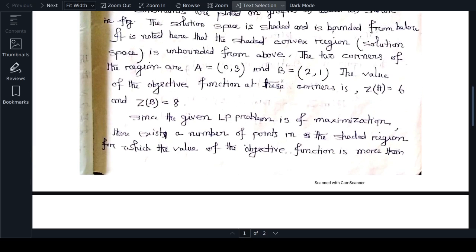From this straight line, which side do we consider, upper or lower? How to check? You put x1 equal to 0, x2 equal to 0. So 0 less than or equal to 1 satisfies the inequality condition. So if you add this dotted line also, the origin-containing side means from the line to above.